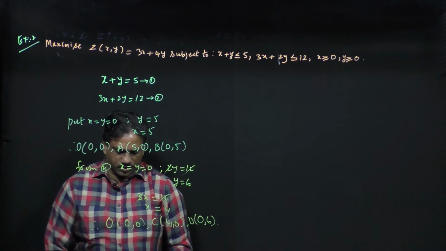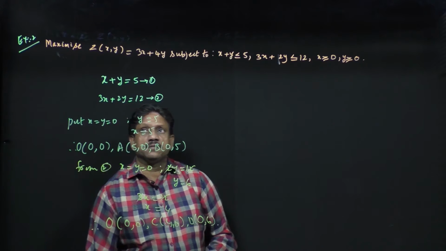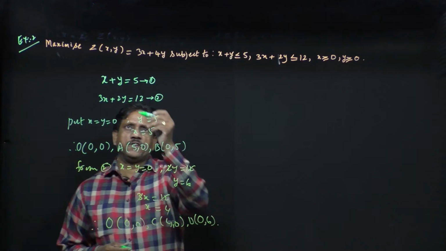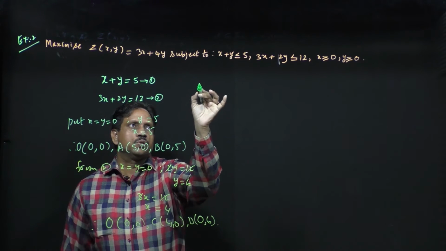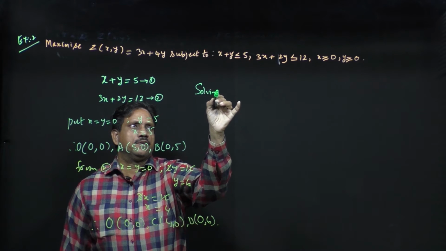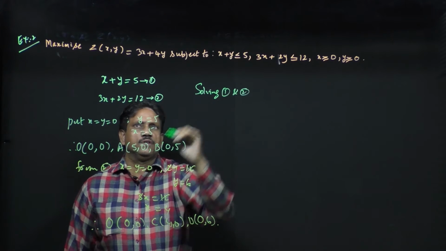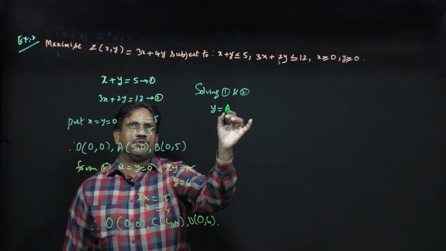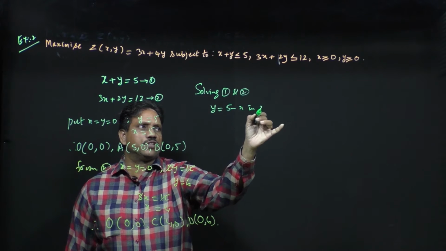And by observation, these two lines are going to intersect. Let us find the point of intersection of these two lines also. Solving equations 1 and 2, you can eliminate one of the variables. You write y equal to 5 minus x in equation 2.